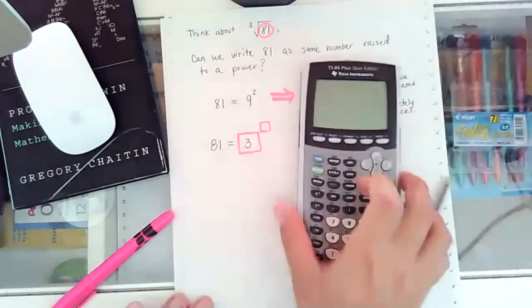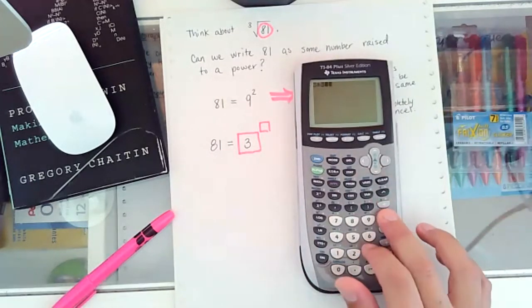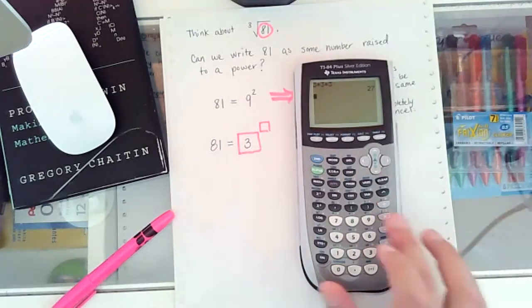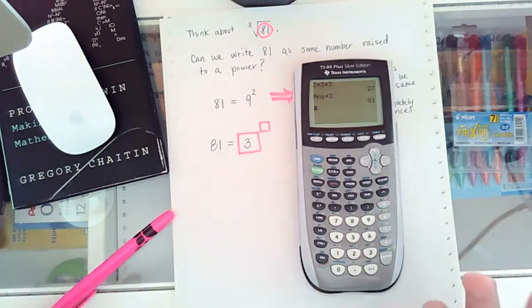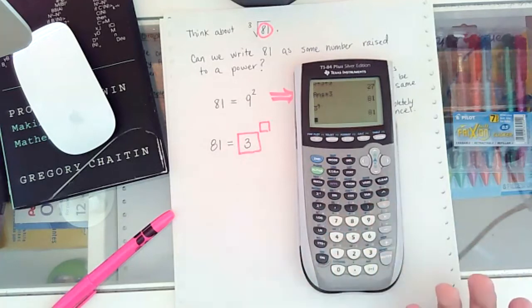And that's where you might go into your calculator and say, okay, well, 3 times 3 times 3 is 27, times another 3 is 81. So that means 3 raised to the 4th power is 81.